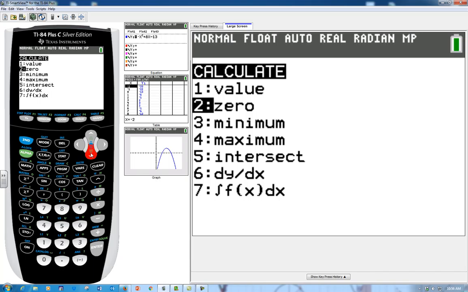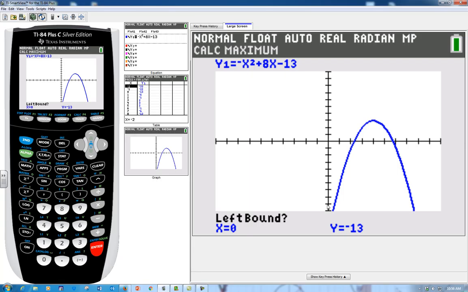So if I go down and I hit enter, then this left bound with the question mark means I want to go to the left of where you're looking. So you just keep hitting left, and notice that it's telling you where it is. This is -1, which is right here, and -32, which is way down here.